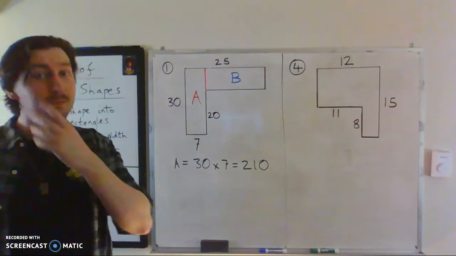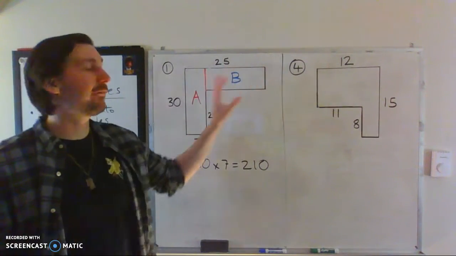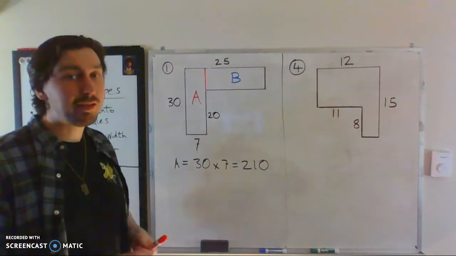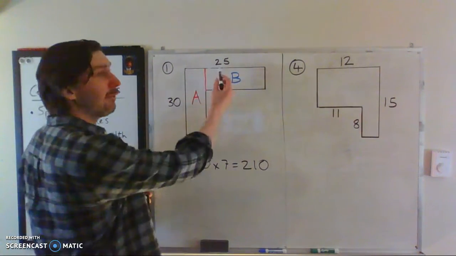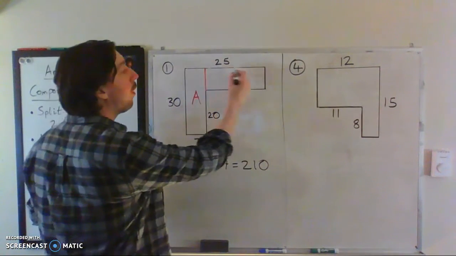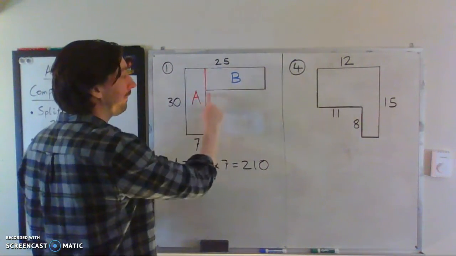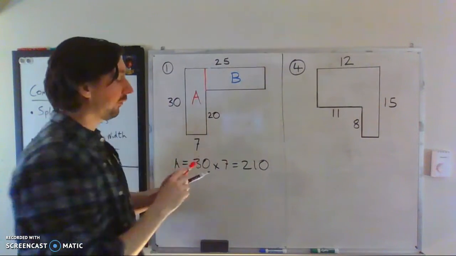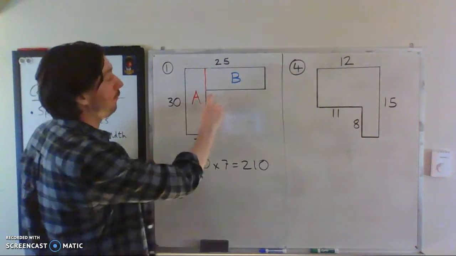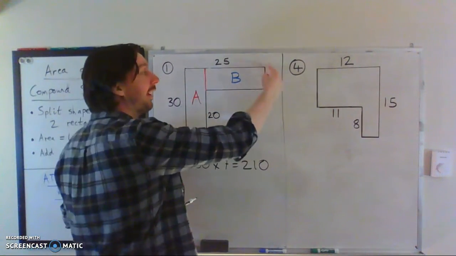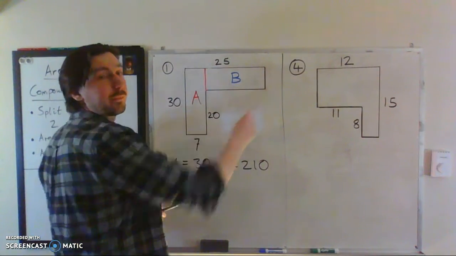Now part B, I don't have either part. Be careful here, because this 25, that's for the whole length of the top, but I only want this part. So I need to figure out how long is this part and how long is this part.